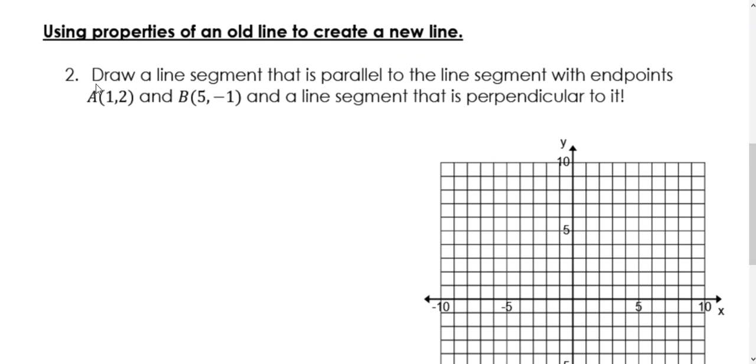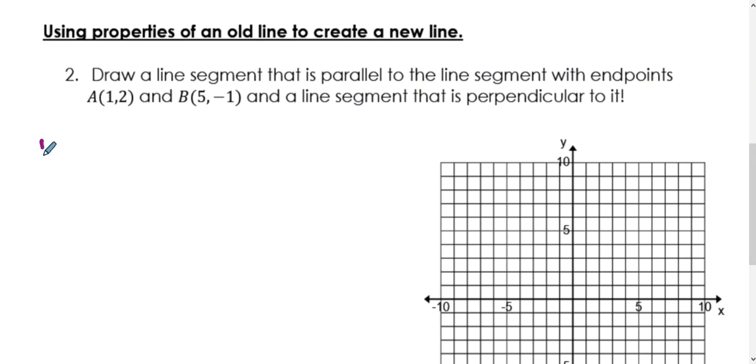So what we're going to do is take some properties of an old line, like slope or y-intercept or a point from something else, and make a new one. So this is: draw a line segment that is parallel to the line segment with endpoints (1, 2) and (5, -1), and a line segment that is perpendicular to it.